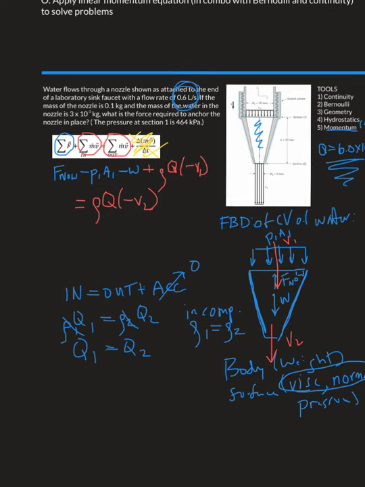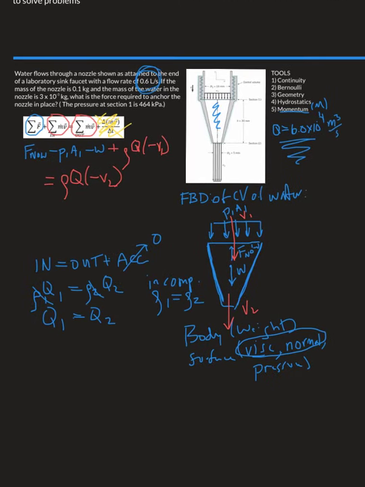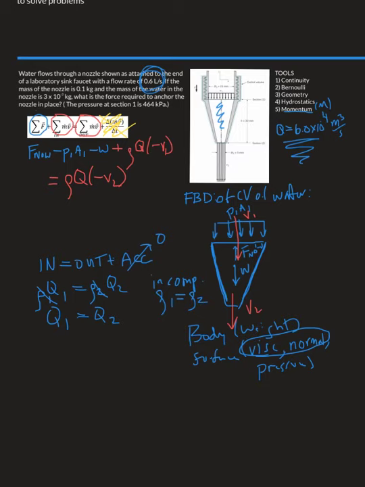Let's try moving that over. So that means that Q, either 1 or 2, equals V1 A1, and we can solve for that, and that's where we'll get our V1.